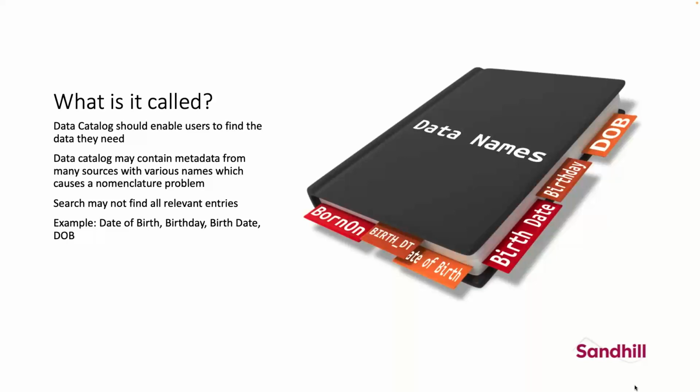For instance, if I were trying to find date of birth of a person, it might be defined as date of birth, birthday, birth date, or DOB. There are lots of different ways that people will name data. And when you have all these different mechanisms for naming data, both technically as well as business, it makes it harder to find the information you're looking for.